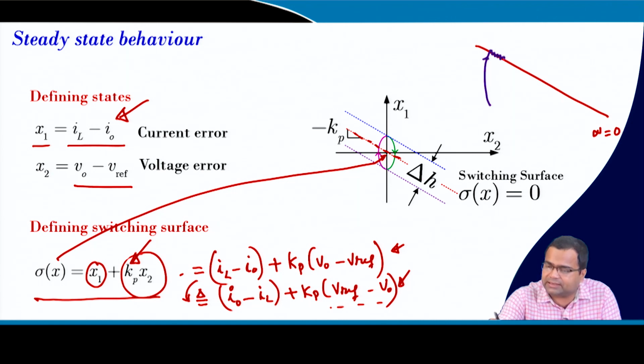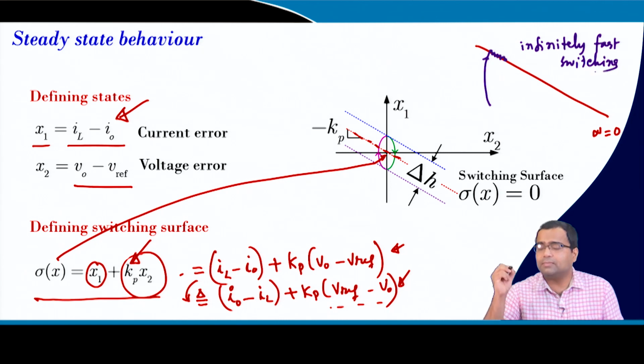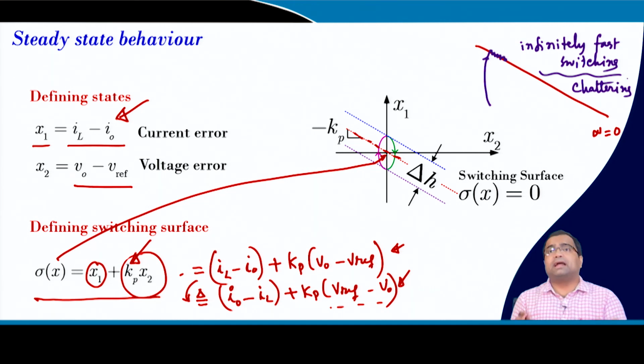If you do like this, then it will result in infinitely fast switching. This is known as chattering behavior, and that we must avoid, because we are using a practical converter with a practical switch, so it will force the device to operate at its hard limit, turning on and off very rapidly, and it can damage the device. So we must avoid it.